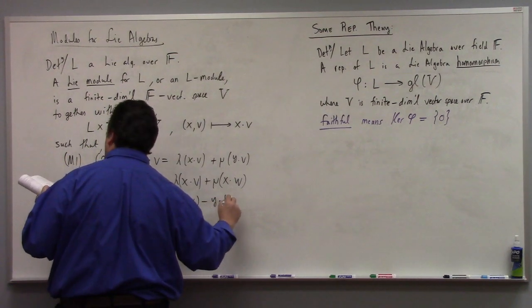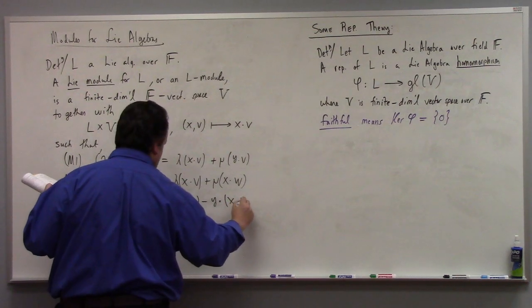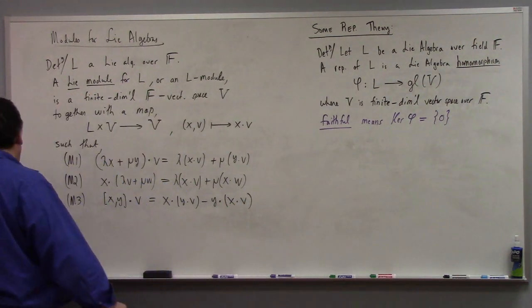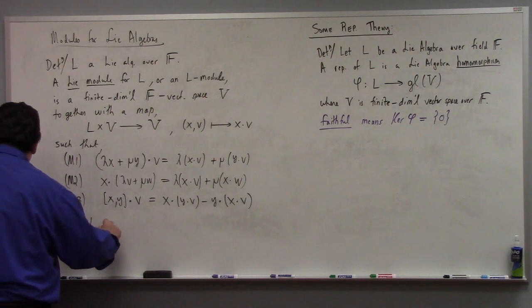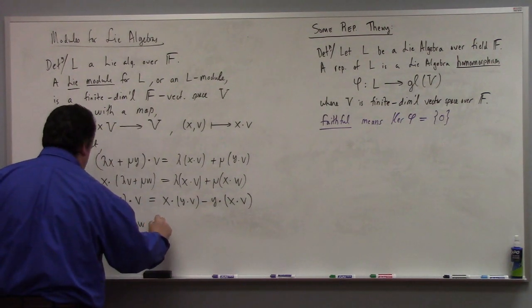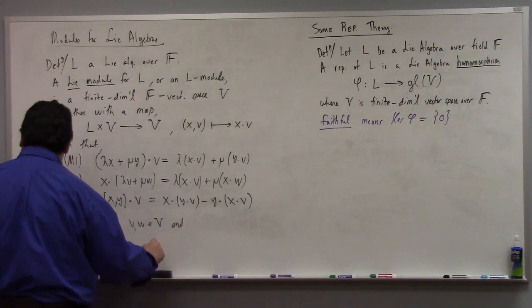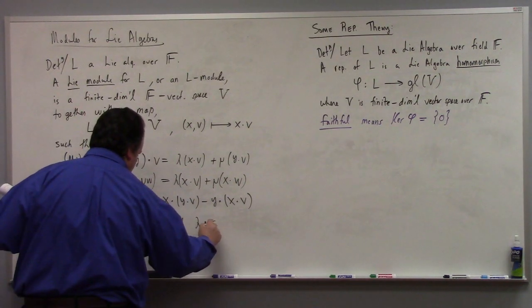How much do you bet the commutator is an example of one of these? This holds for all x and y in L, v and w in V, and lambda and mu in F.